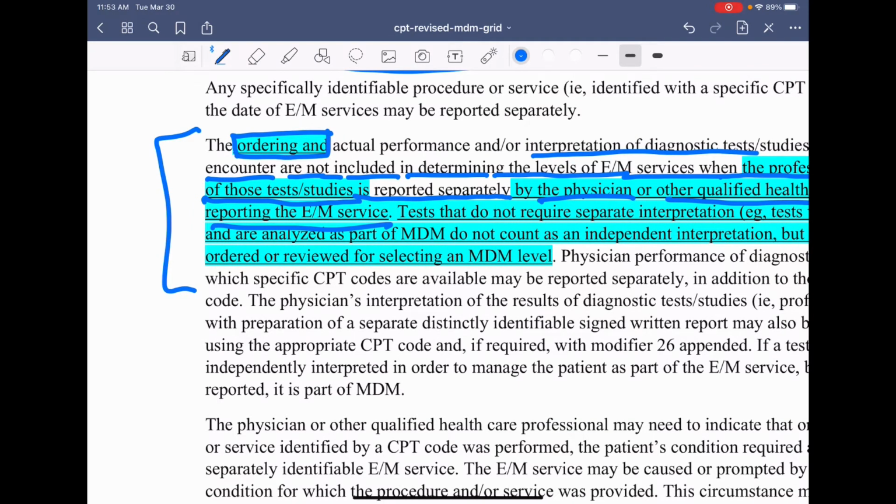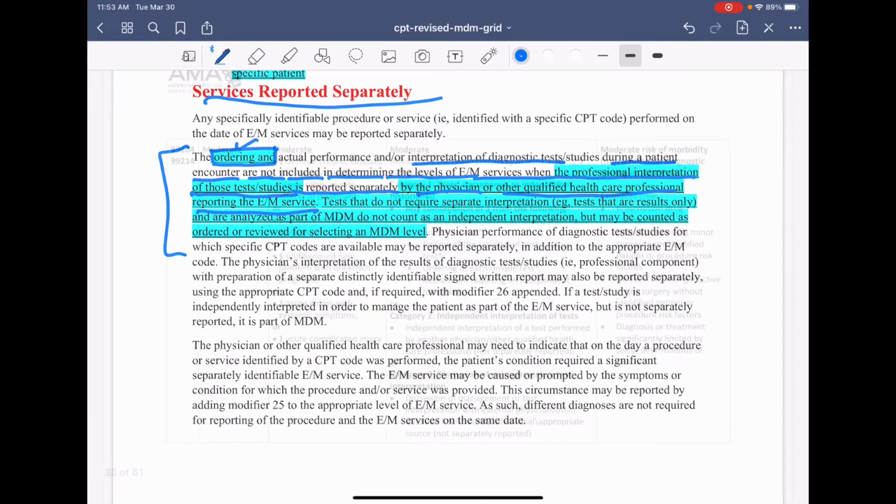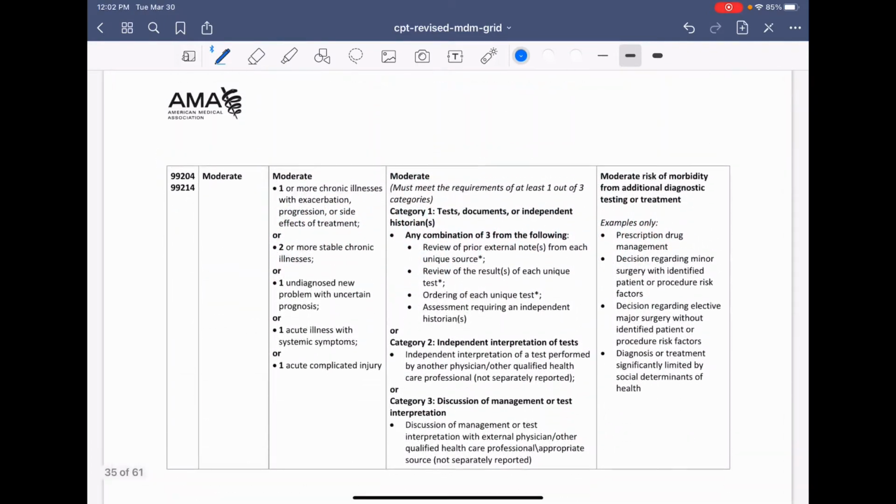So if you're billing an office visit and you're also billing, say, an x-ray with a 26 modifier on it or an EKG CPT code, then you can bill that, but you may not get credit for the interpretation or the ordering of that test.